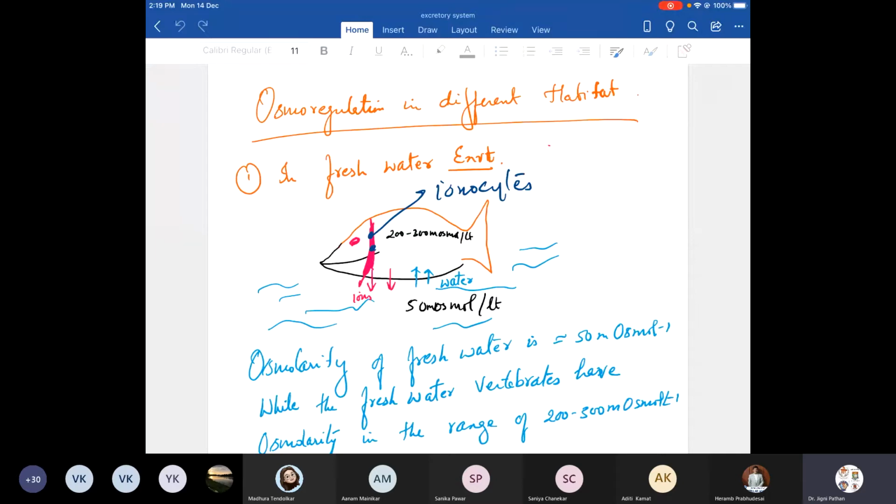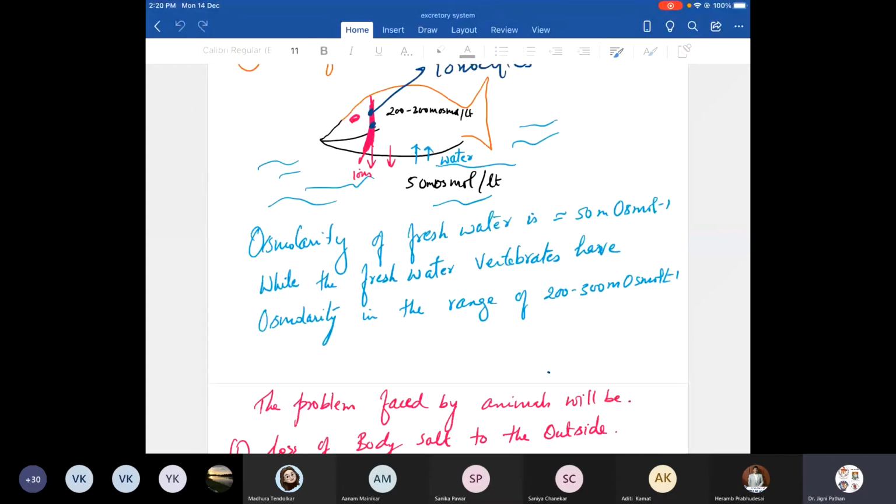So what will happen in that case? More water from outside enters the body in the case of freshwater species, the species that live in fresh water. So more water enters. So what are the adaptations? So basically, what is the osmolarity of fresh water?